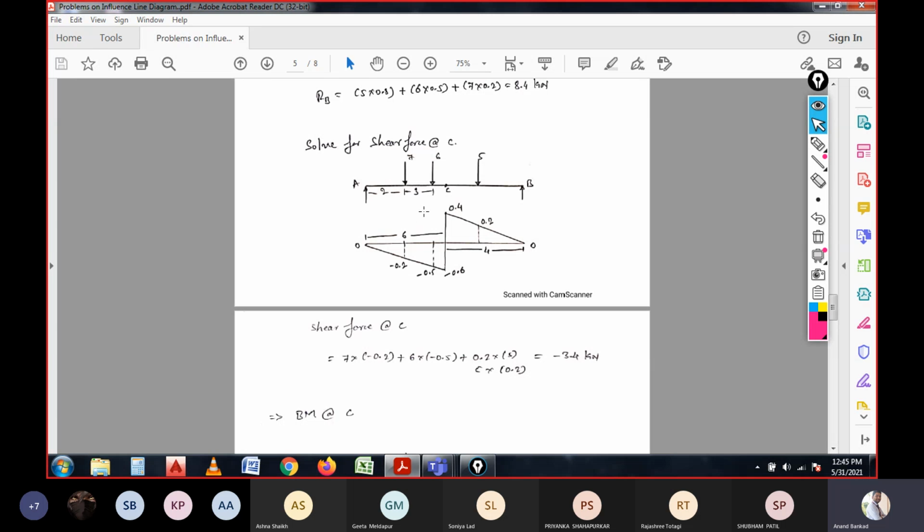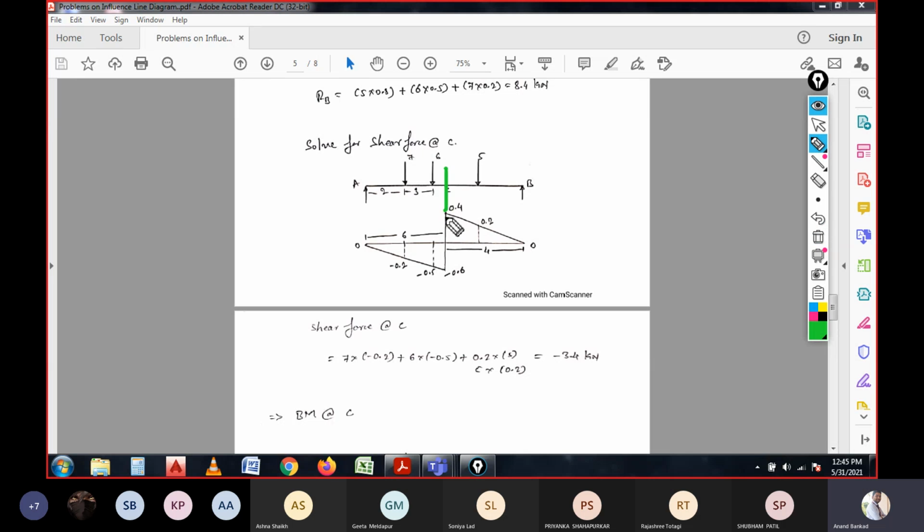So this is the problem statement. In this problem statement, at the point C, if you observe the cursor I am showing, we need to calculate the shear force. So how have we considered that point? That means here we have taken a section for the C.